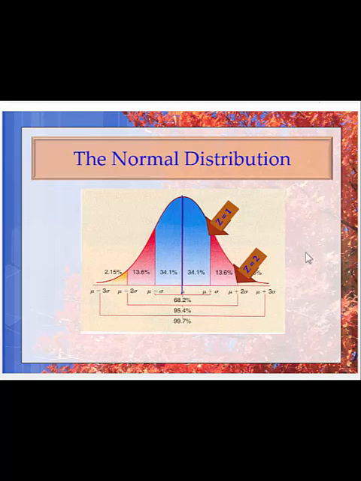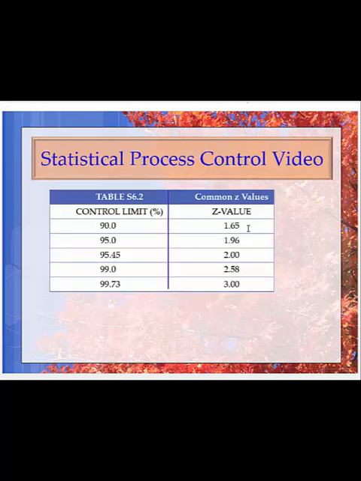So just to show you one more time, for many of you this may be redundant, notice a z-value of 1 means we're talking about plus or minus 1 standard deviation on this normal distribution. It's going to include 68%. So on the chart on the previous page, of course I don't have 68% on here, but if I did, it would have a z-value of 1 and the control limit would be 68%.